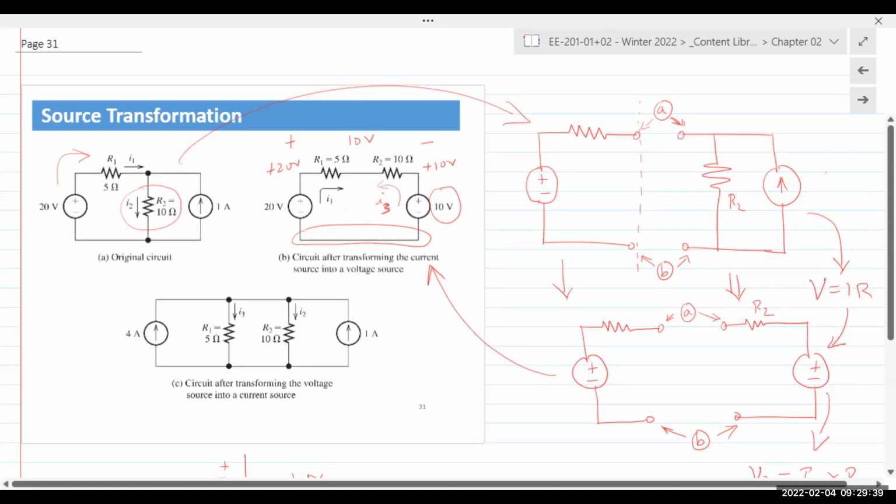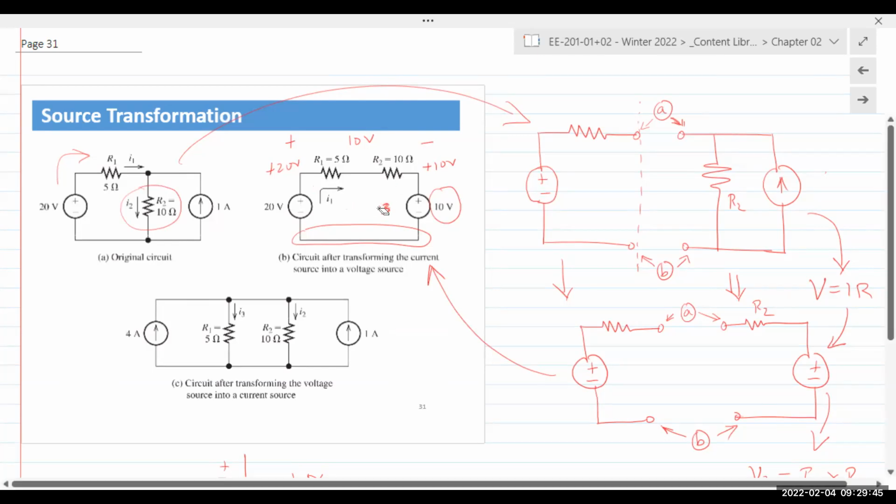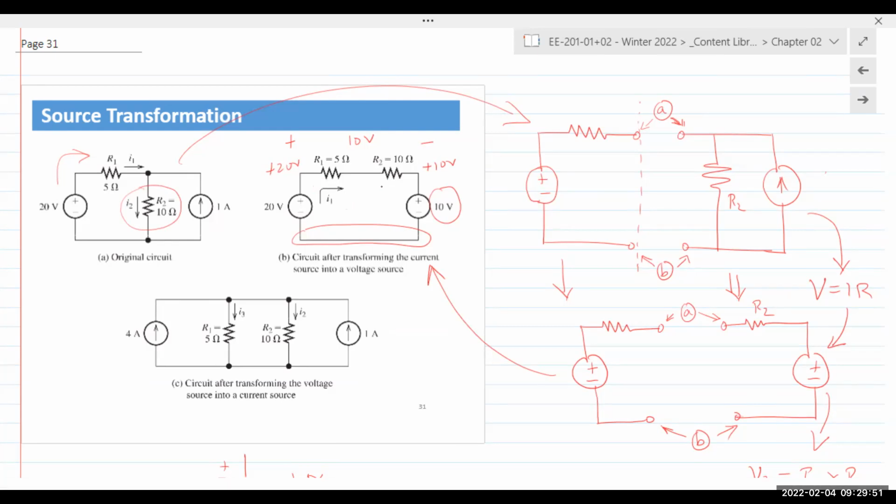But as you can see, it's a series circuit. If it's a series circuit, then the current is the same. So if we did name it something else, it would still be equal to I1. So there's only one current flowing through the circuit, and that is I1.